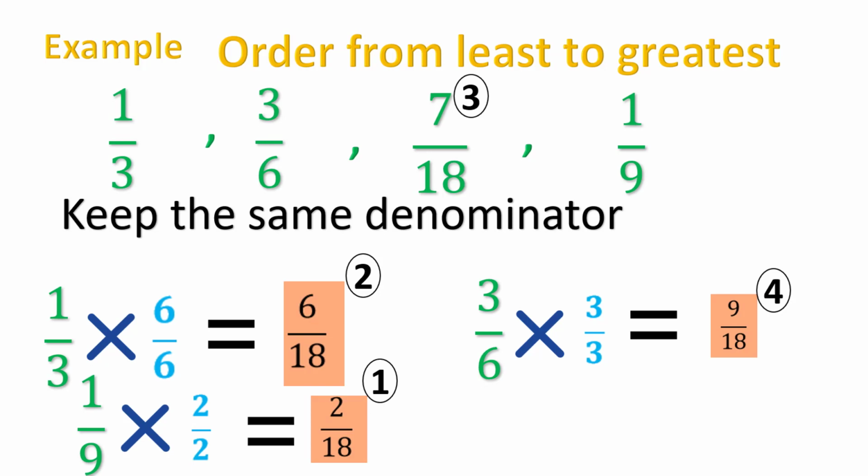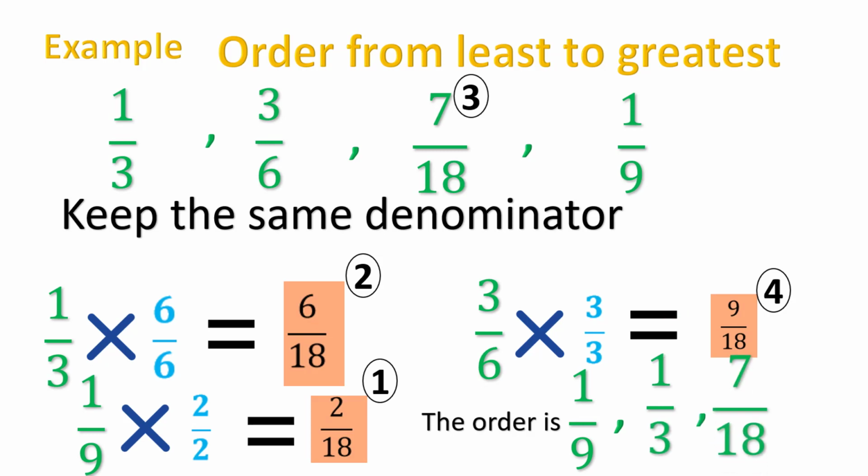So number 1, 2/18, was 1/9, the first one, followed by 6/18, which was 1/3, followed by 7/18, followed by 9/18, which was 3/6. So the smallest one is 1/9 and the greatest one is 3/6.